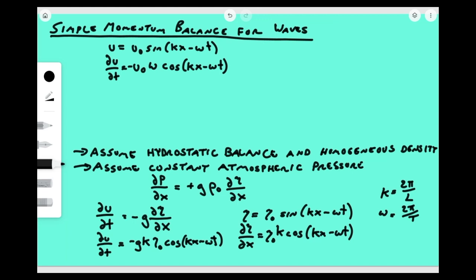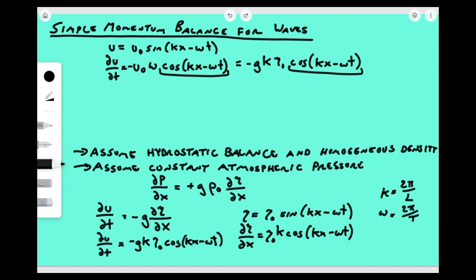From the balance below, we're saying this all equals negative g k eta naught cosine of kx minus omega t. We have the same cosine term on both sides, so if we're equating them, those would cancel out. We also have a negative sign on both sides, so those would cancel out.